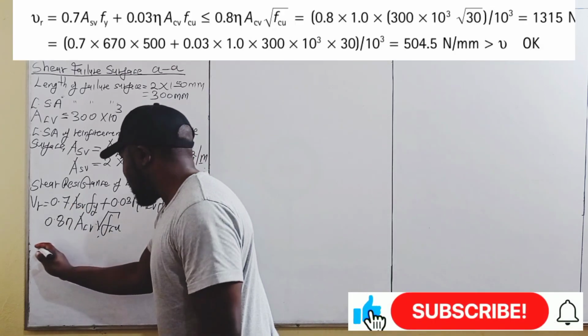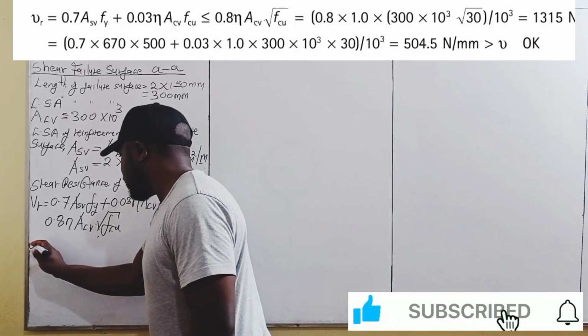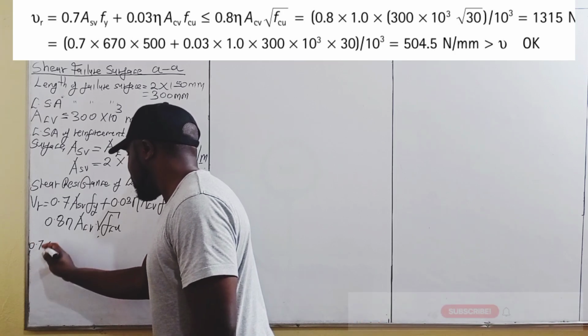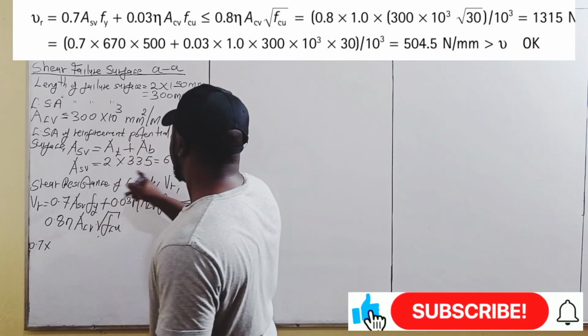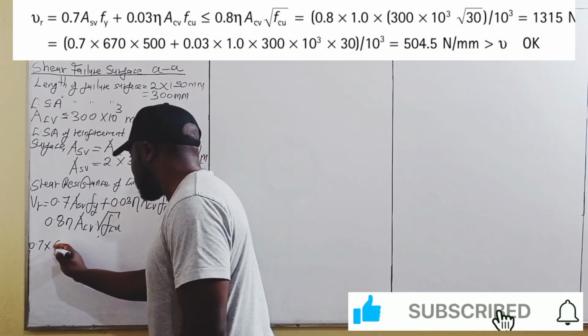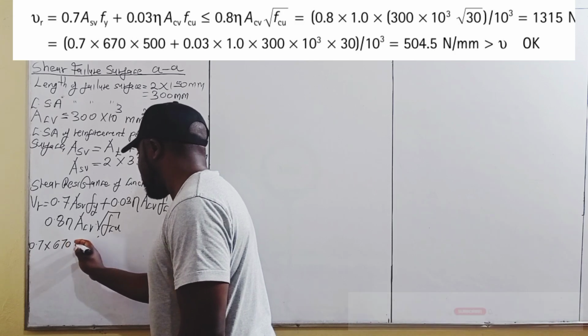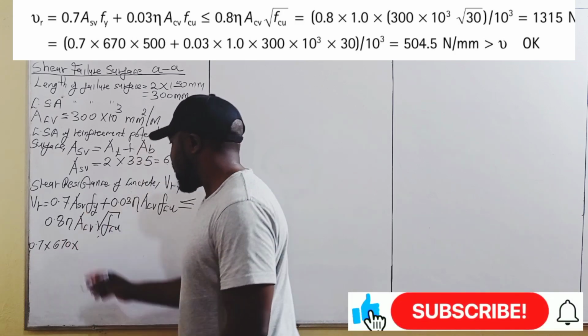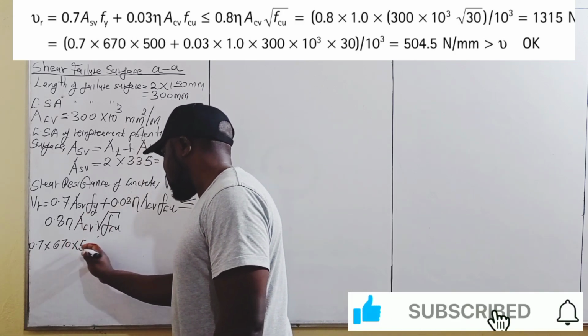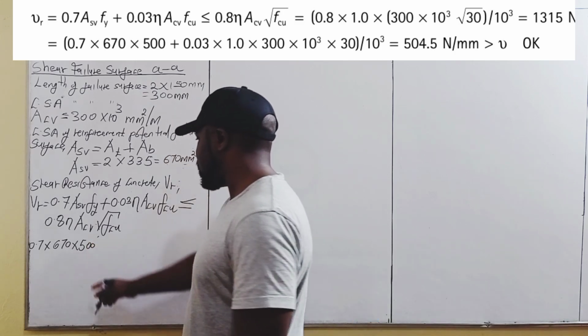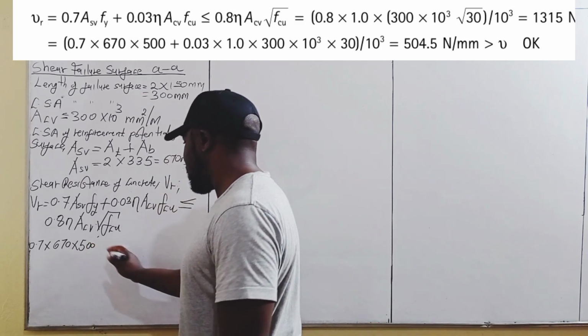Therefore, VR will be equal to 0.7 times ASV, which is 670 square millimeters per meter, multiplied by Fy, that is the characteristic strength of reinforcement steel. It is usually 500 newtons per square millimeter.